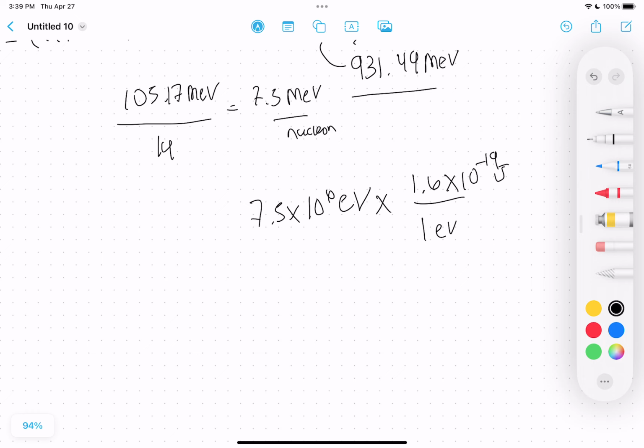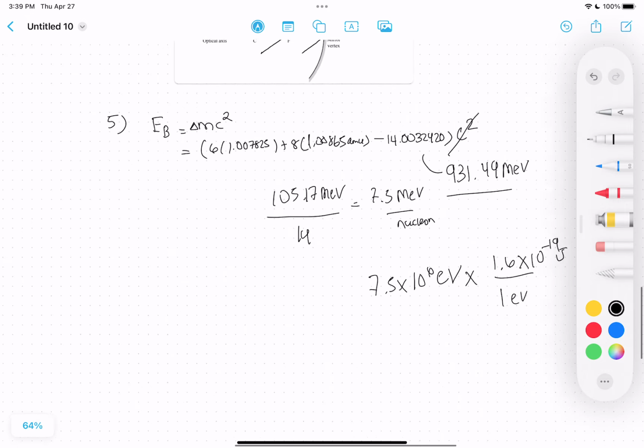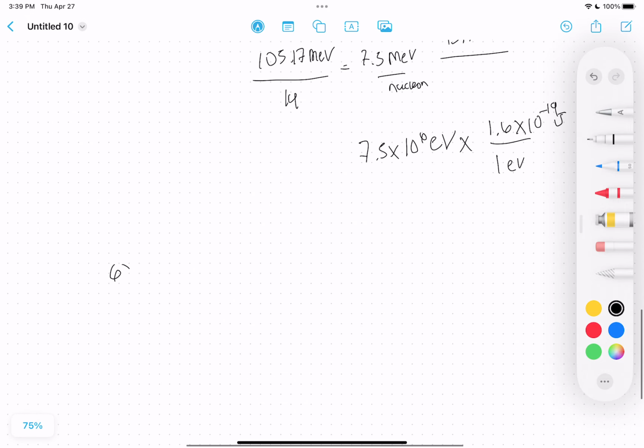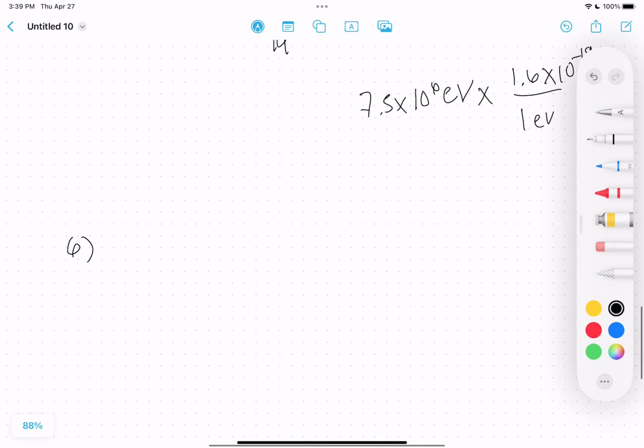So it says radioactivity. The graph shows the activity in decays per second of a radioactive sample over time. Determine the half-life of the nuclei in days in the sample. So they're giving us values of activity, right?